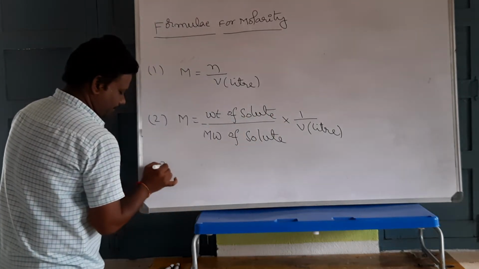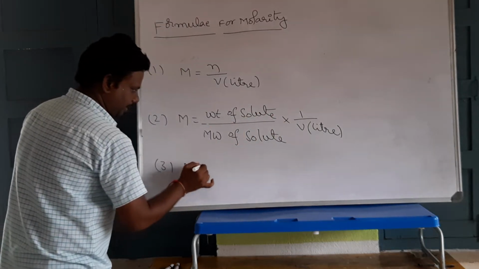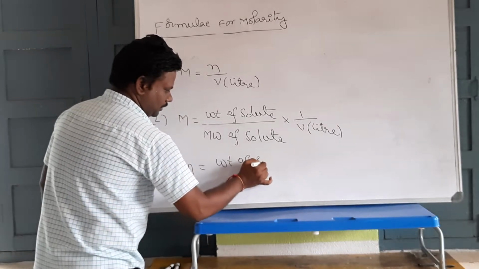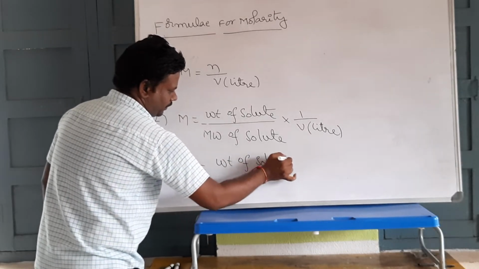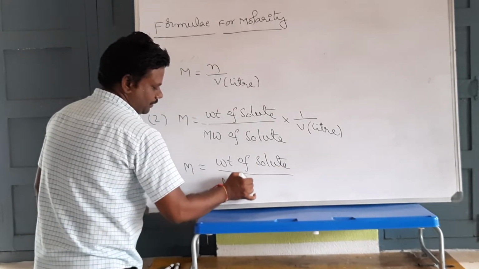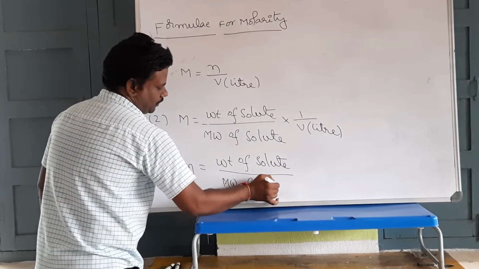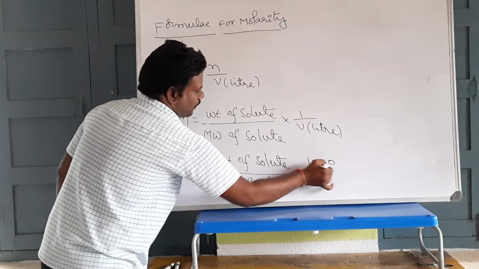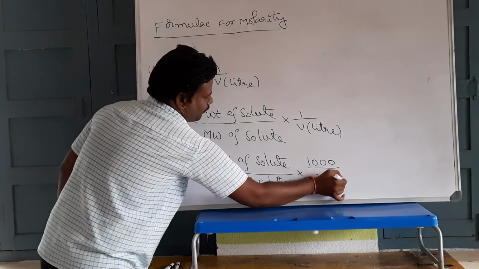And third formula for molarity, molarity M is equal to weight of solute by molecular weight of solute into 1000 by volume of solution in ml.